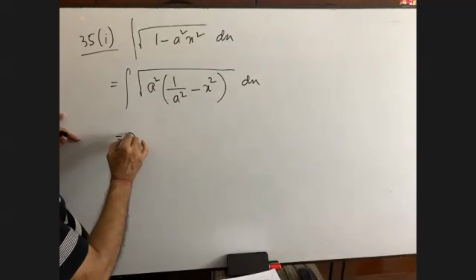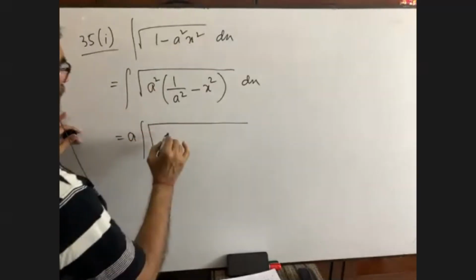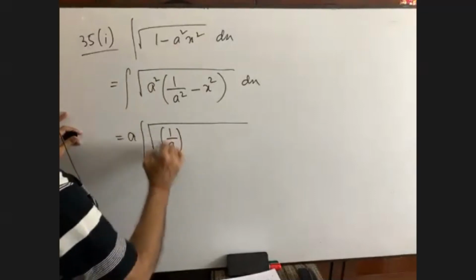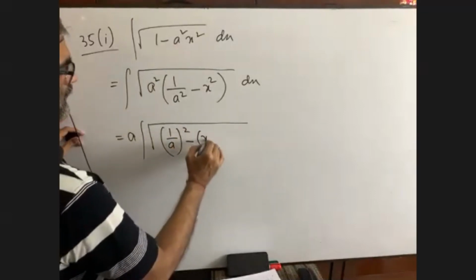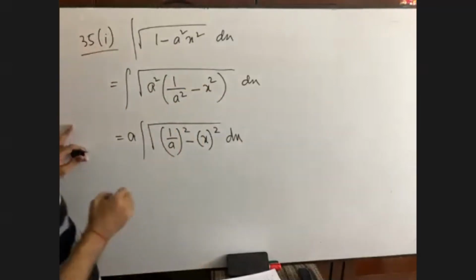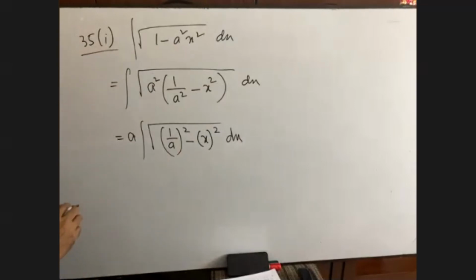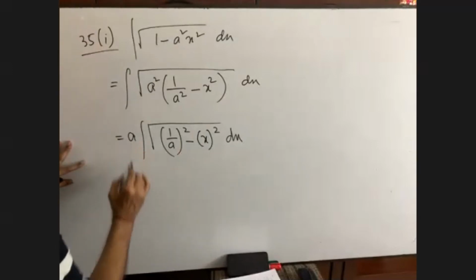So this is a square root of 1 by a minus x. Now let me know what is the formula. All of you are required to let me know what is the formula. This a is this a.